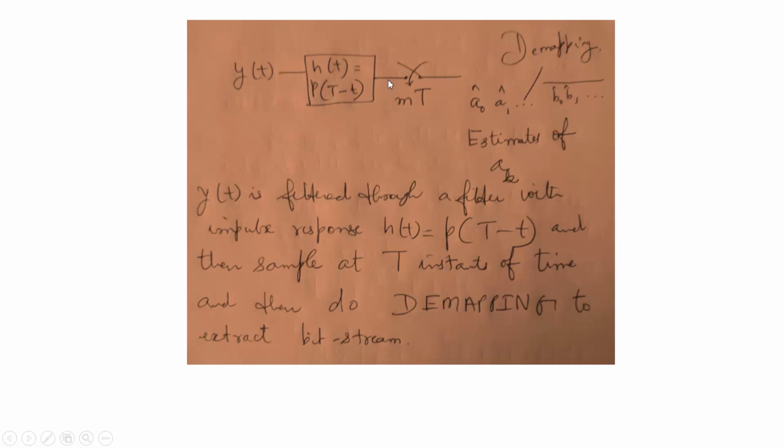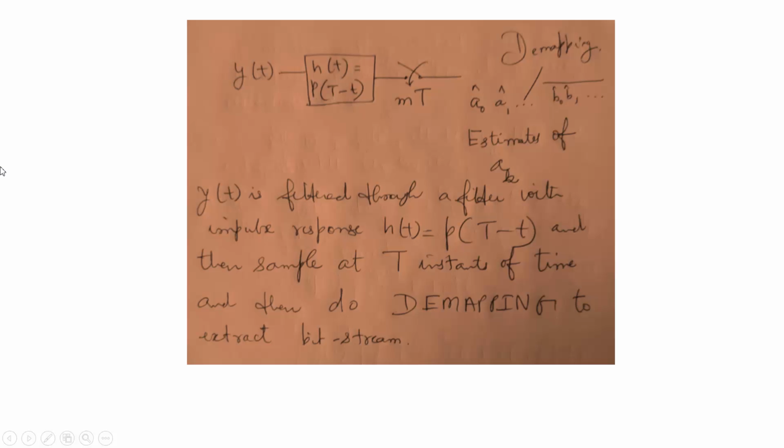This concludes the demodulation of the received signal, the demodulation of pulse amplitude modulated waveforms. And we will see that this impulse response actually represents matched filtering. I will explain that later, because the response of this filter is p(T minus t).